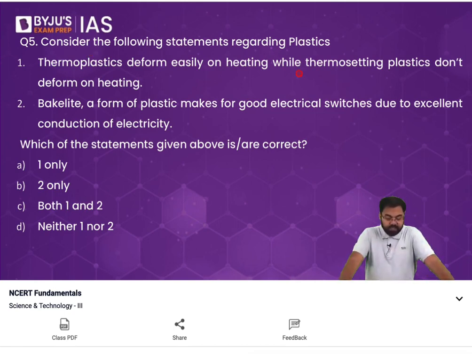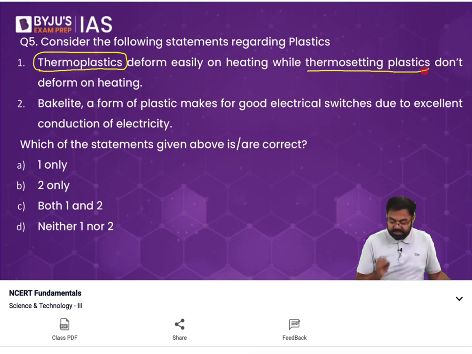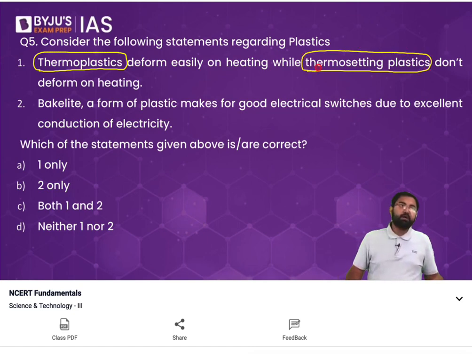So first is thermoplastics deform easily on heating, while thermosetting plastics don't deform on heating. So thermoplastics, and then you have thermosets or thermosetting plastics. Now in case of thermoplastics, we see that typically they have low melting point, so they would melt. So the basic difference between a thermoplastic and a thermosetting plastic or a thermoset would be that thermoset would burn on heating, all right?